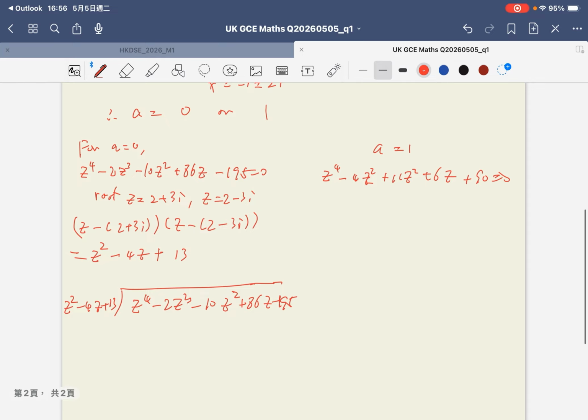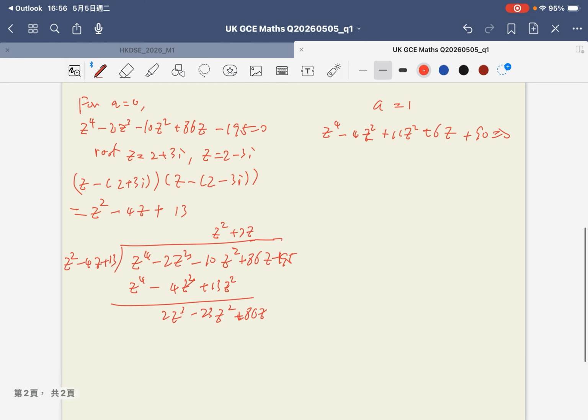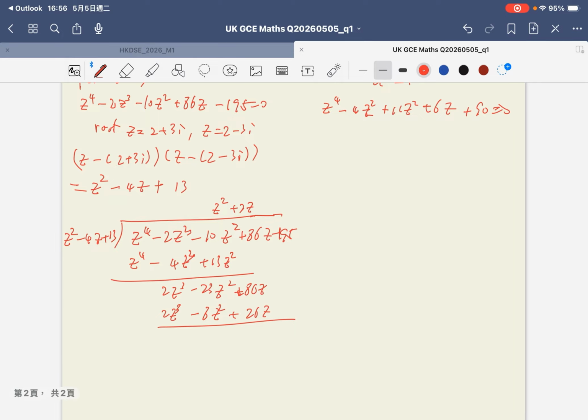Here I find that z squared minus 4z plus 13, z squared, 2z cubed minus 23z squared plus 86z. The next term is plus 2z, 2z squared, cubed minus 8z squared plus 26z. Okay, minus this one, this negative 15z squared.